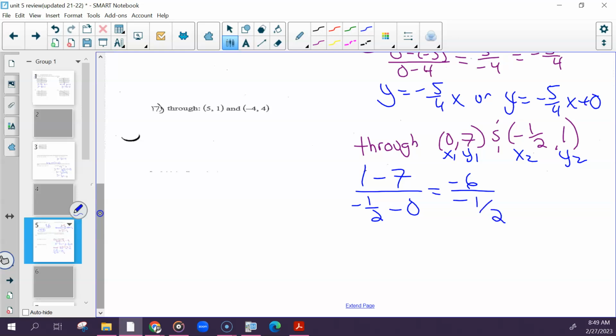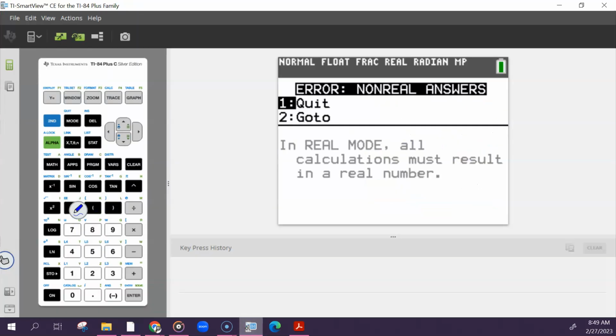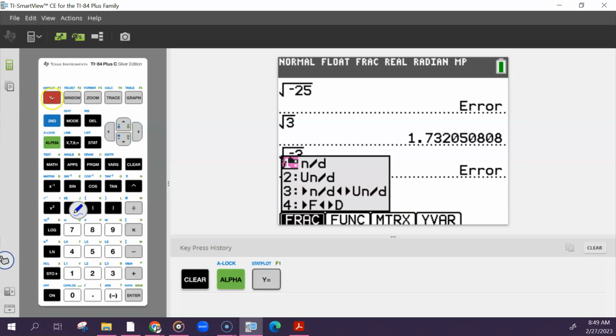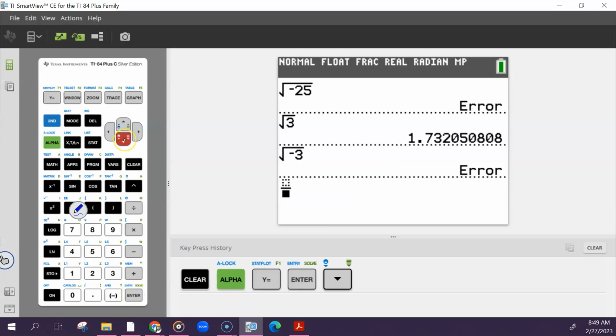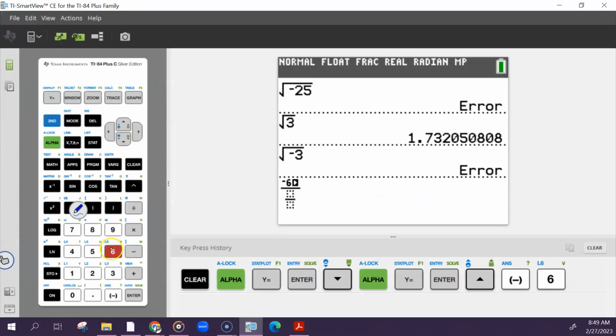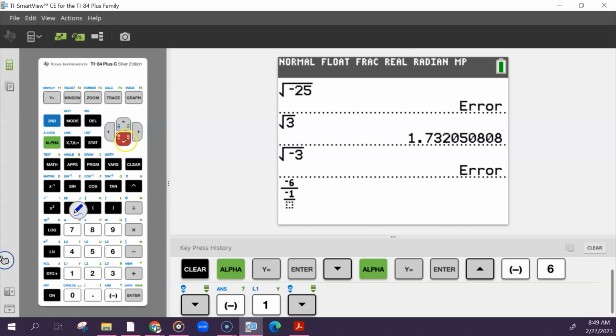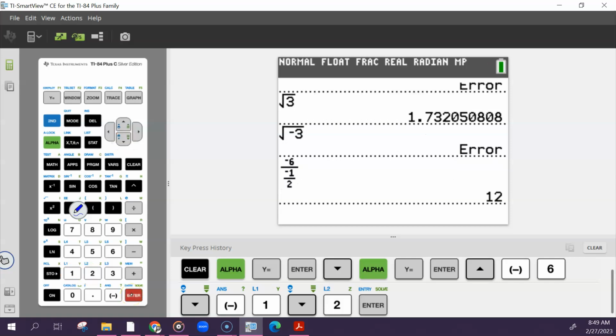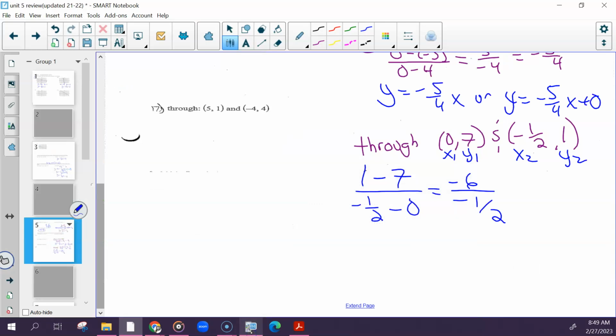If you want to put that in your calculator, you have to put it in as 2 separate fractions, so one fraction and then in your denominator another. Negative 6, so positive 12. Or if you were doing it by hand, you could take the denominator, flip it, and multiply it to both.